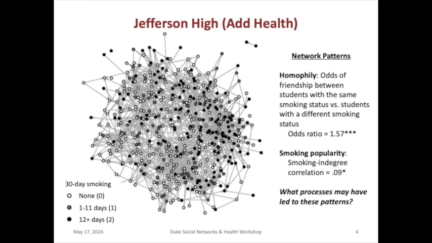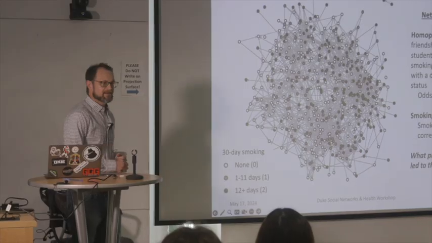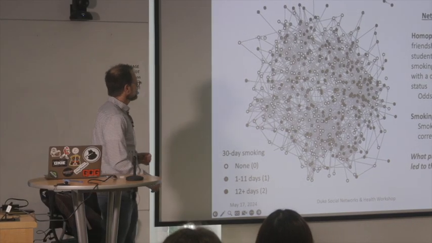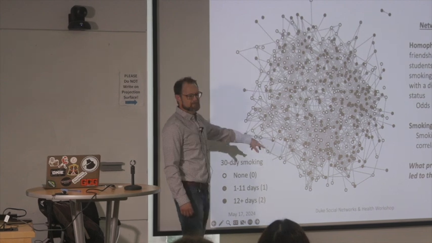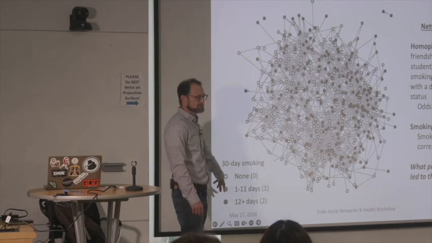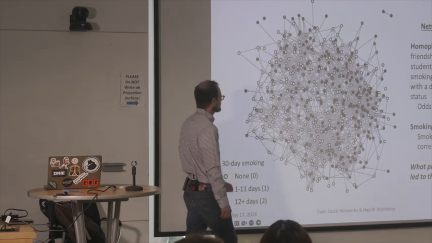But I think this works in two ways. This is Jefferson High, one of the Add Health schools. It's in a white suburb somewhere in the Midwest, and all the kids have to do is drink and smoke and have sex. This is their network at one point in time, and you don't see a whole lot here. The nodes are shaded by smoking level, with darker nodes at a higher smoking rate.